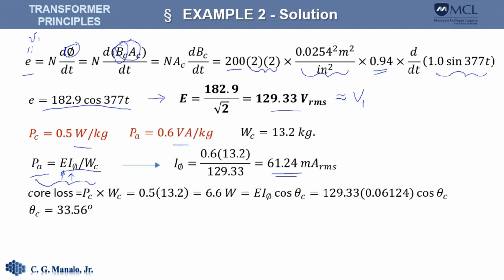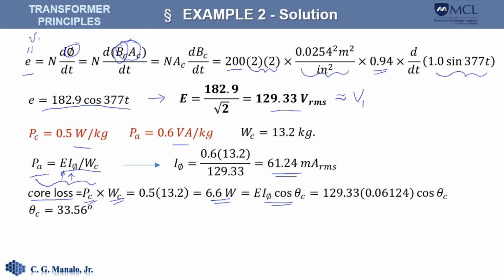We can compute the total core loss. So we're given the core loss per kilogram times the total weight or the total mass of the transformer, and that should give us 6.6 watts. But we know the total core loss to be equal to this.